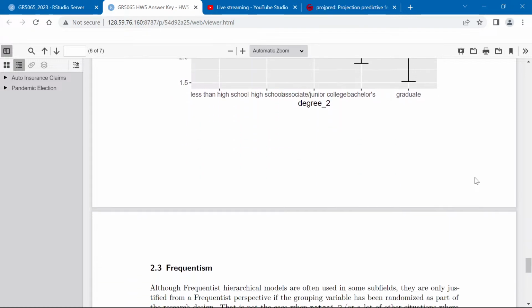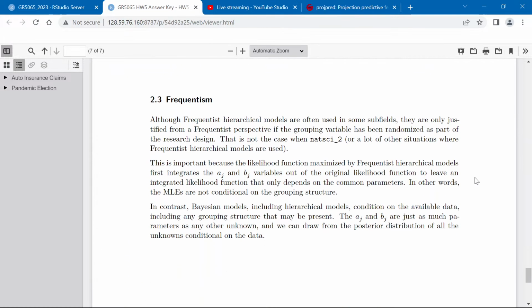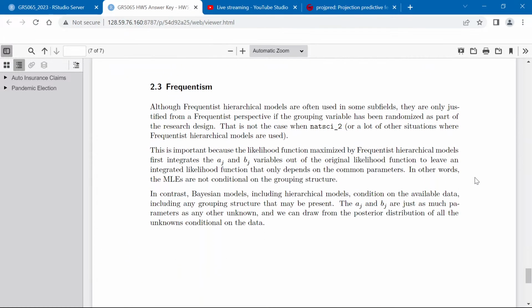And then frequentist models. They're used a lot in some subfields and used like never in other subfields. But just because something is used a lot or not used a lot doesn't really tell you a whole lot about it.